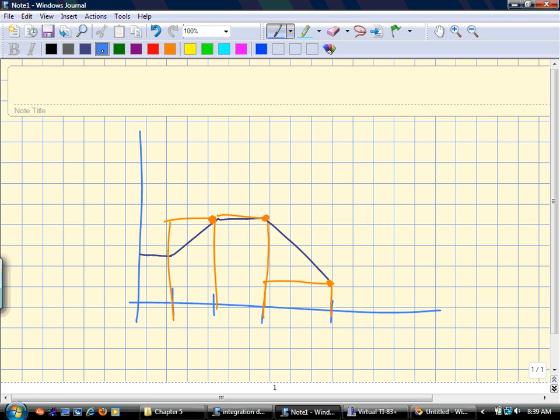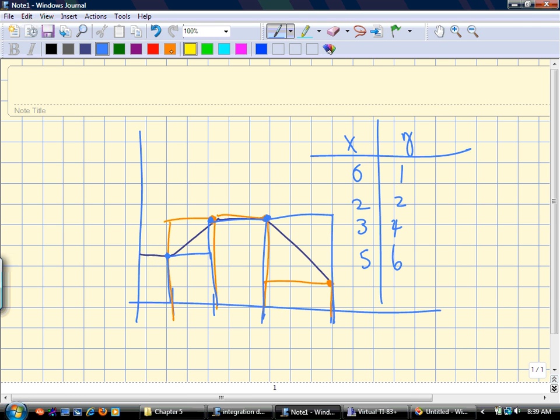But if I say left endpoints, watch how I define it now. Some of them will repeat. It depends on where you start. If you look at a table of values, and I say use the right endpoints, and I want the area between 0 and 5, I do these ones. And if I say left endpoints between 0 and 5, I'm missing number 4. Oops. I do those ones.